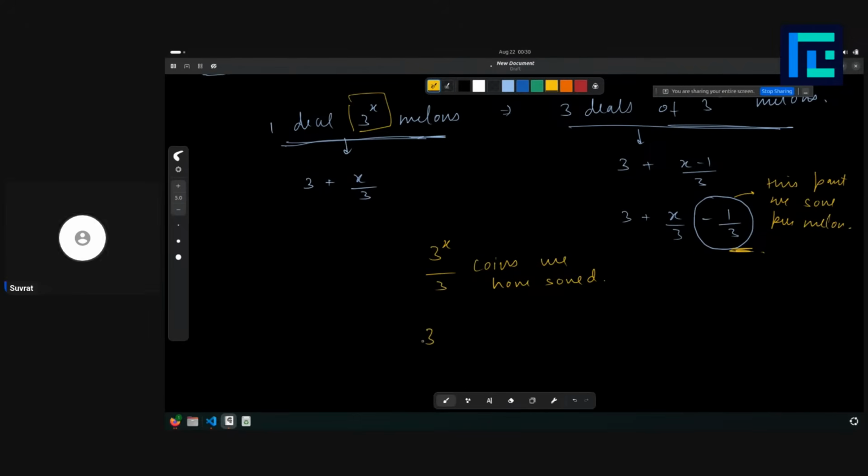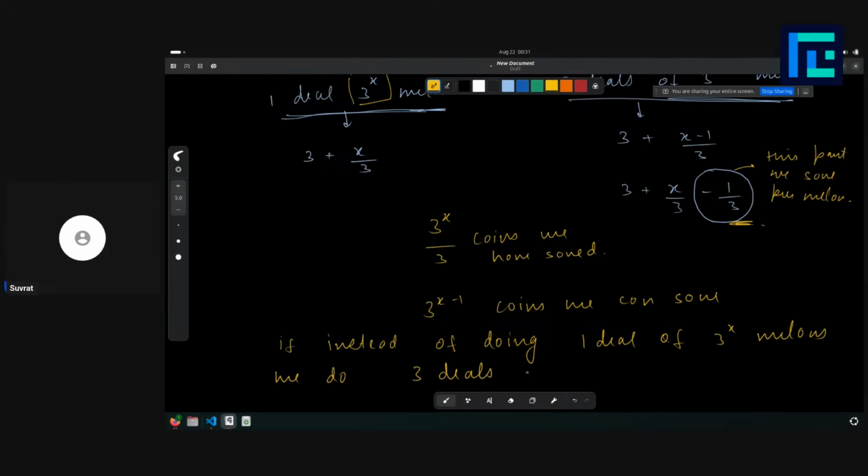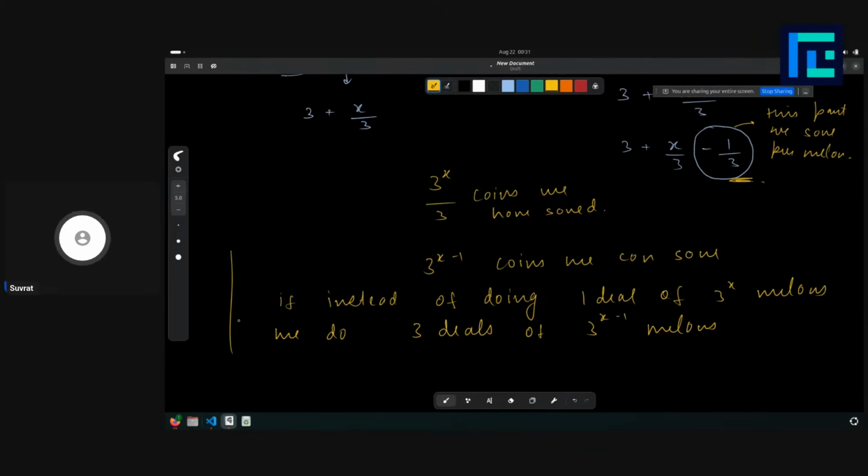So 3 to the power x minus 1 coins we can save if instead of doing one deal of 3 to the power x melons, we do 3 deals of 3 to the power x minus 1 melons. So this is our next observation.